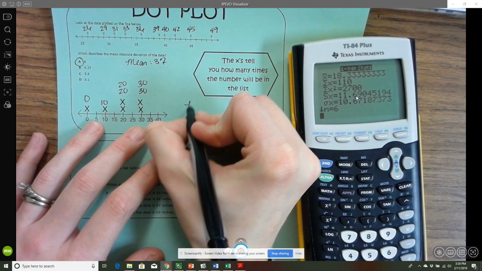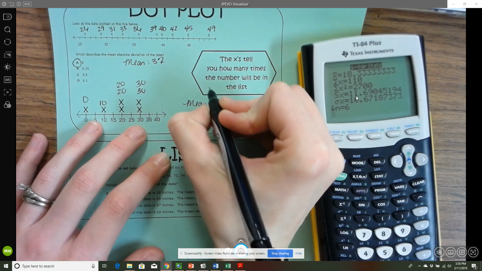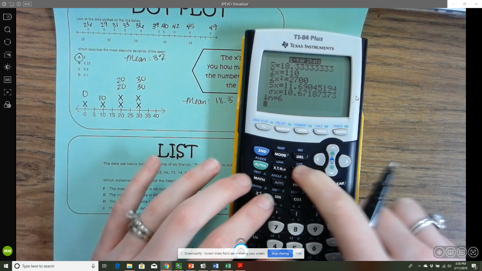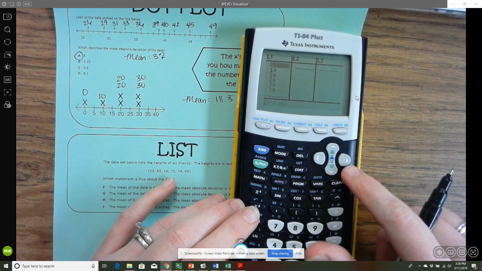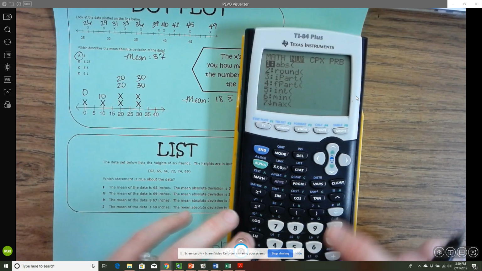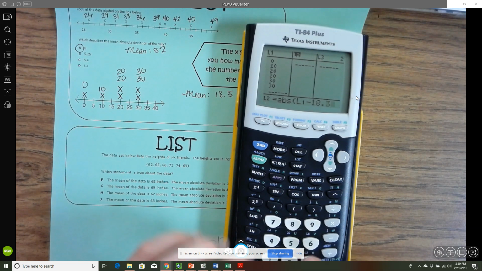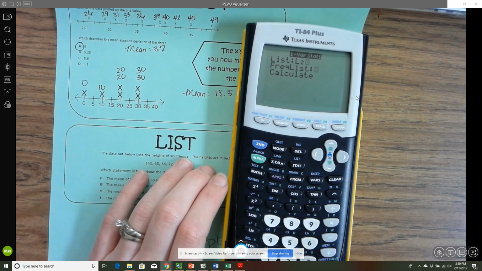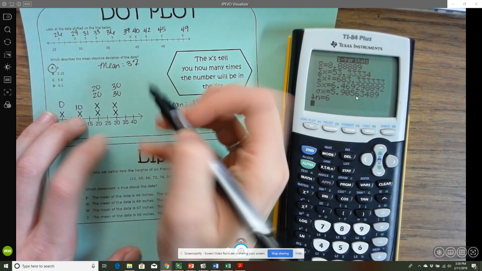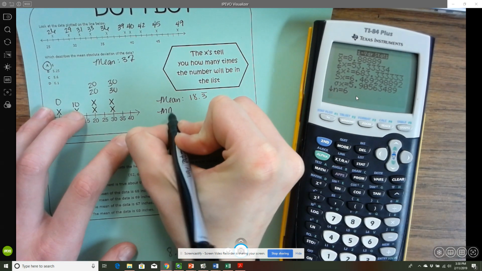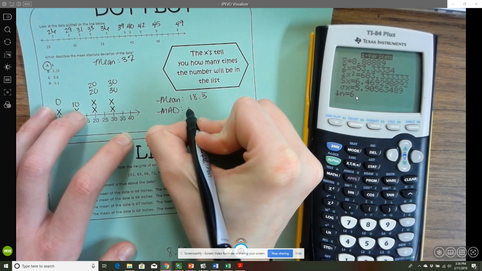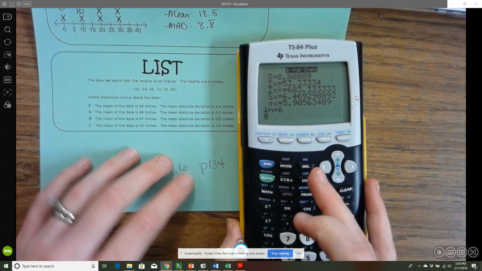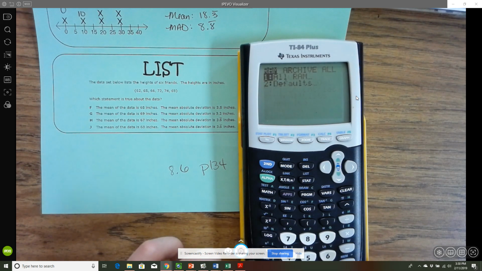So my mean would be 18.3 repeating. And then stat calc 1, change it to list 2, and my MAD would be 8.8 repeating.